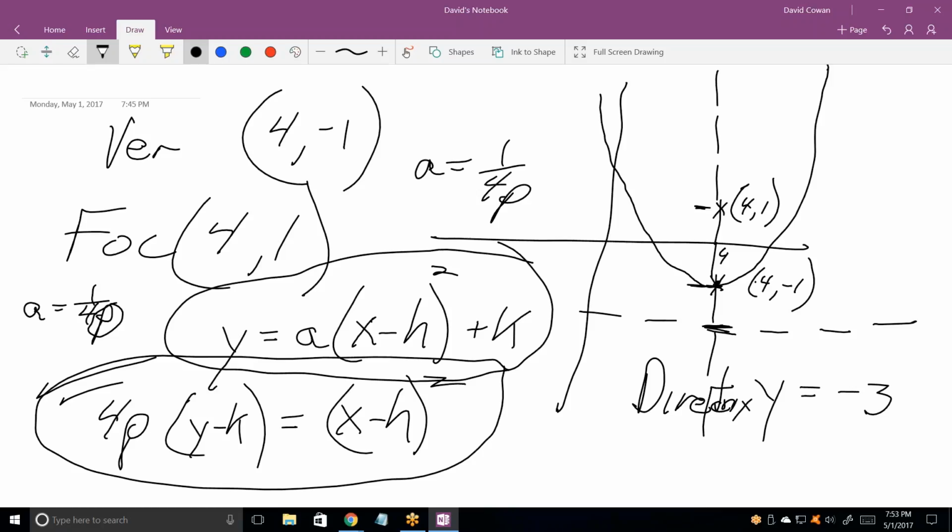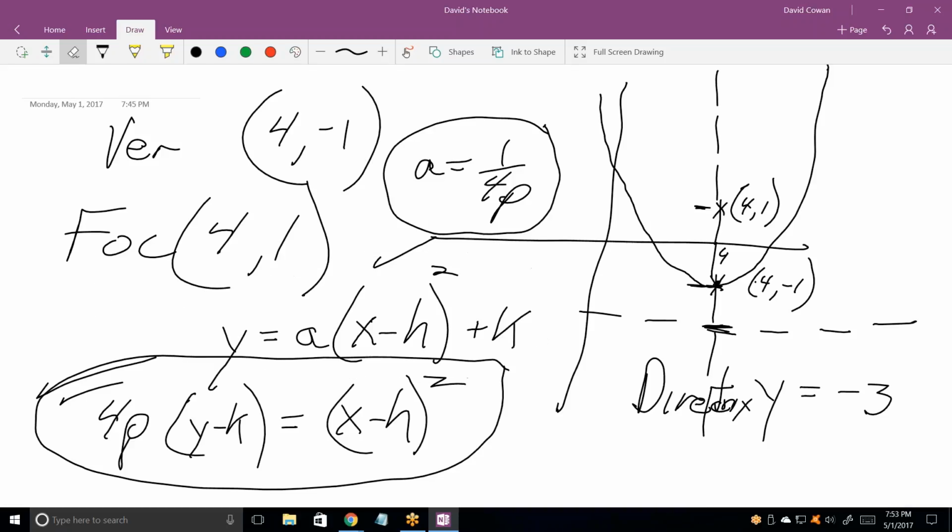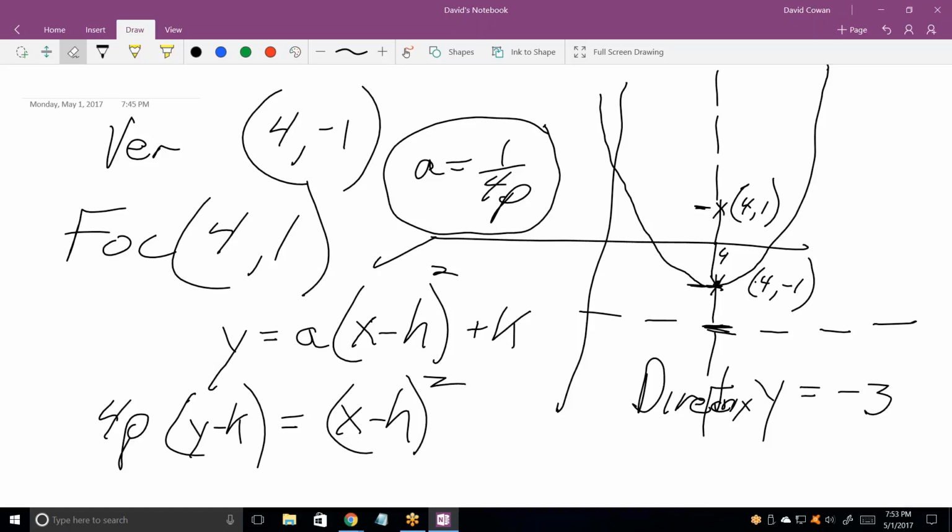If it turns out that this is it, then you'd still solve the same way. It's just that you have to incorporate A being 1 over 4p. So let's do it the way I believe is most likely. As long as you can figure out how I get from this standard vertex format to this standard format for a parabola as a conic section.